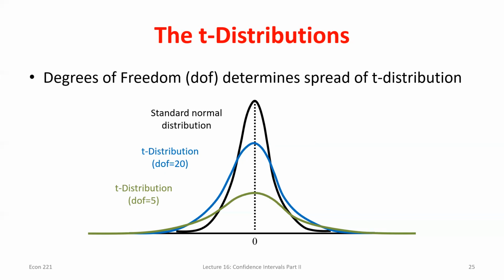So let's say here's my standard normal distribution, and here's a student t distribution. We'll say the degrees of freedom is 20, trying to match it to the slides here. So it's a little bit flatter.